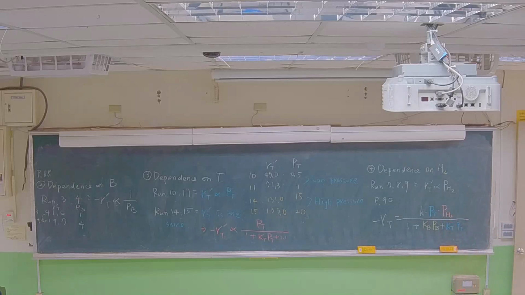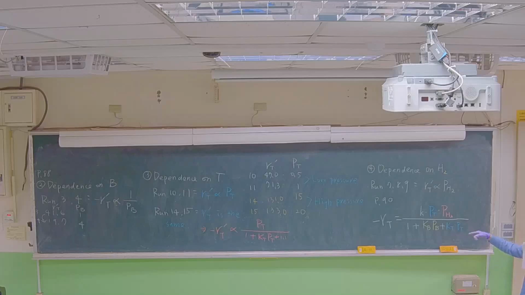So first, you will see a table. Or first, you will do the experiment. You will get several sets of data. Here, you got 16, right? 16 sets of data. So you got a lot of data. You have to compare different runs, like me.